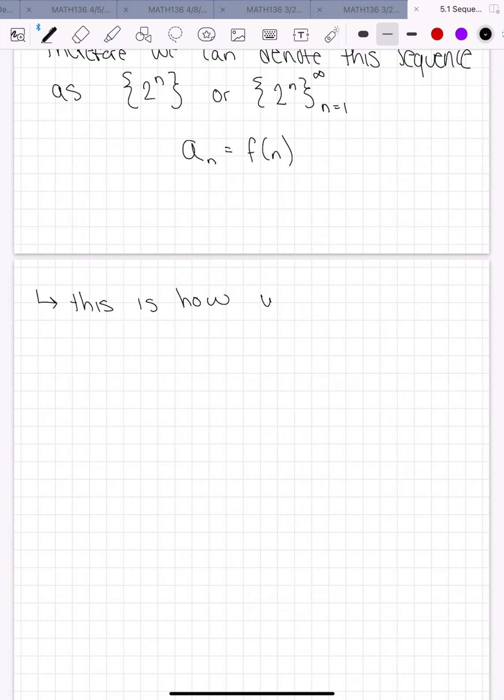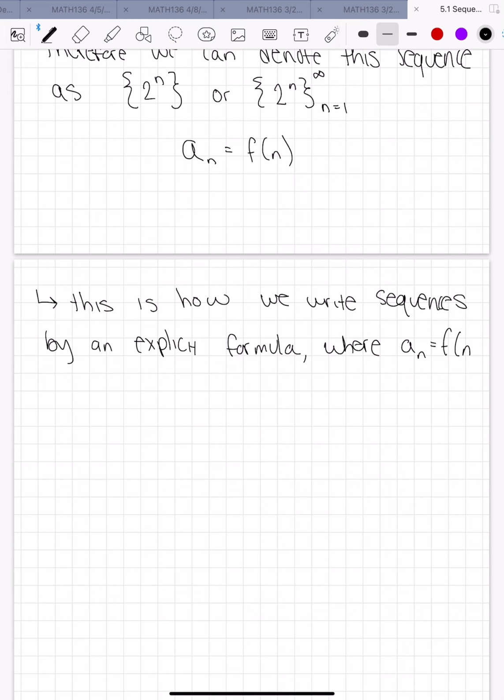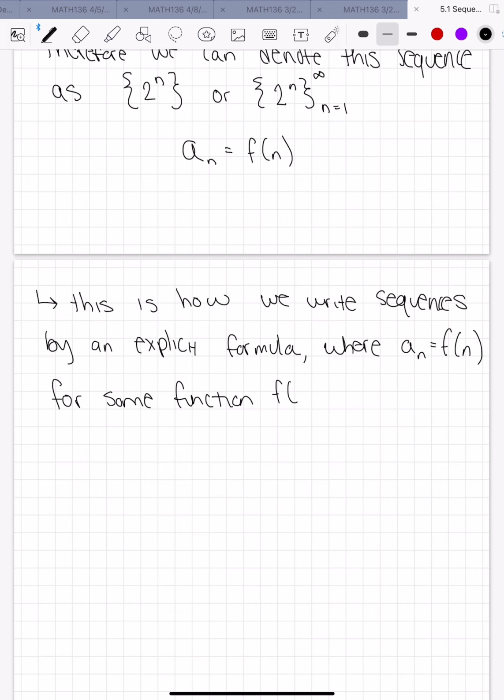So this is how we write sequences by an explicit formula, where a_n is equal to some function f of n, where n is defined over the positive integers.